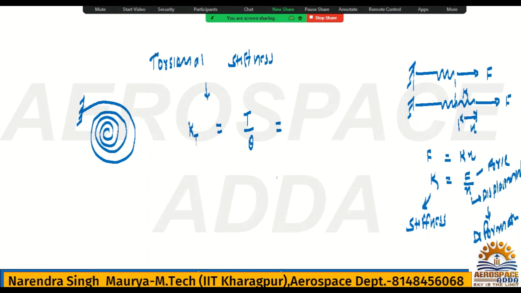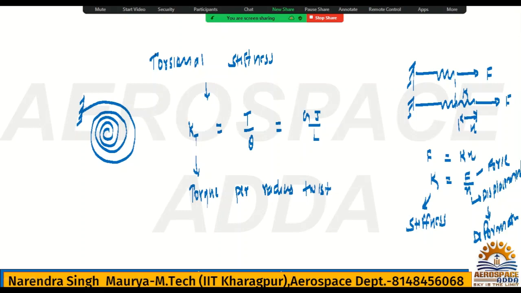In the exam they are asking this. GJ by L is called torsional stiffness. And what does it mean? It is defined as torque per radian twist, called torsional stiffness. So you need to remember that.